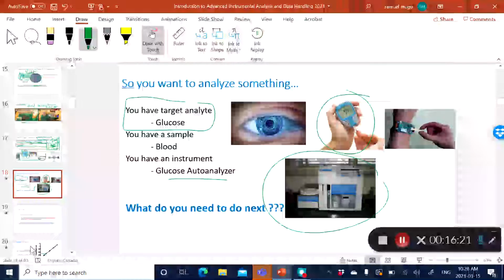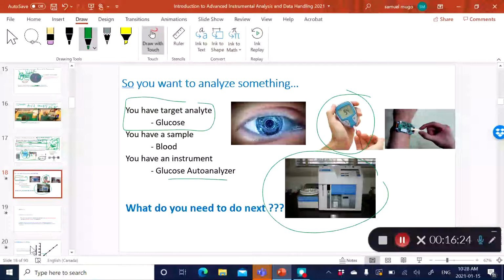So maybe you've got a glucose meter, or even, you can decide I won't use blood. Instead, I'm gonna use tears as a sample, and then you can design a sensor that can be put onto contact lenses, and then you can simply detect glucose right on the contact lenses.